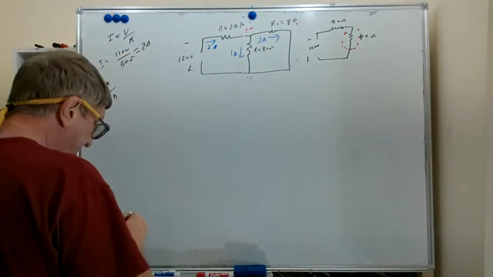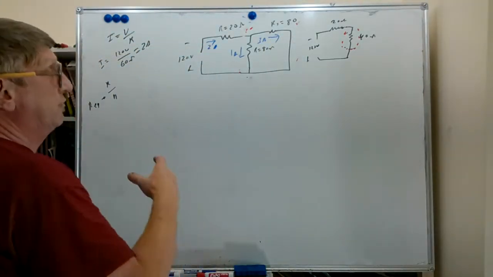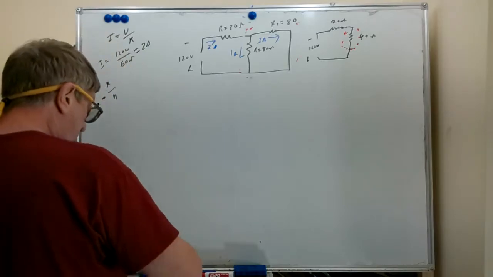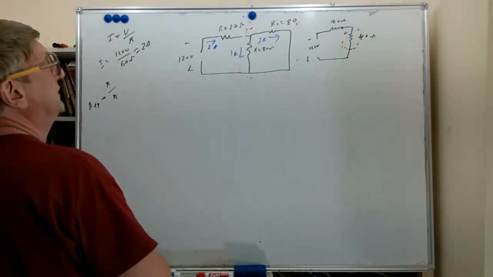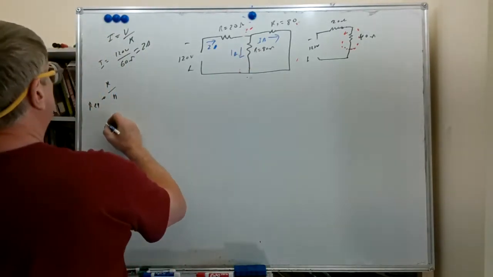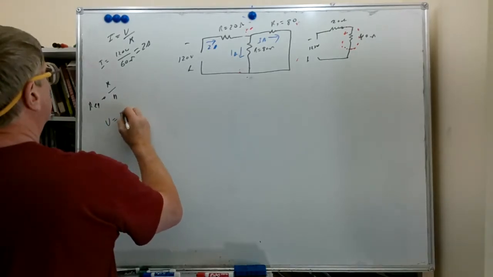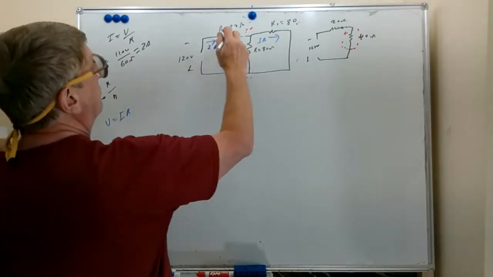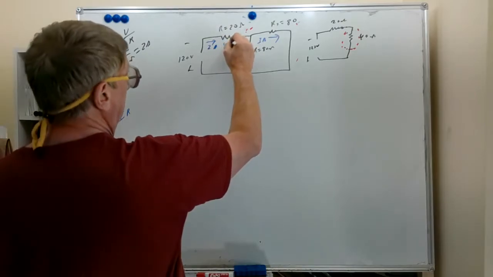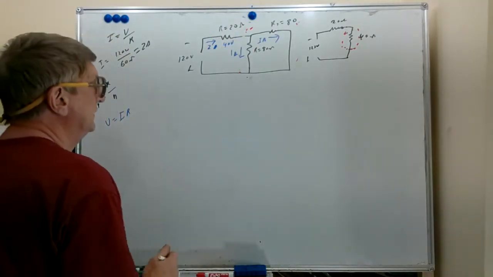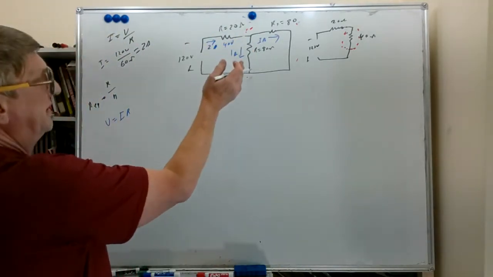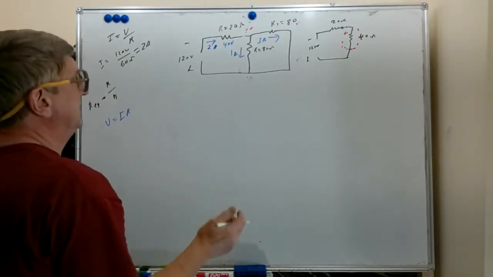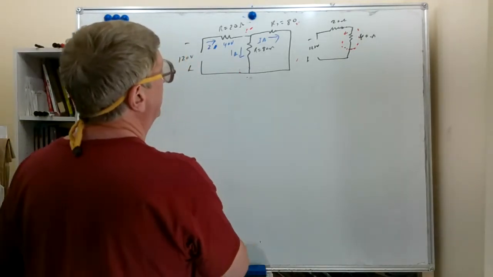So everything's working perfectly. We have 2 amps, and we're going to use this again, voltage equals IR. 2 amps times 20 ohms, we got 40 volts dropped across this resistor. I don't think I'm going to put the polarities on here this time. It's not really going to matter that much.